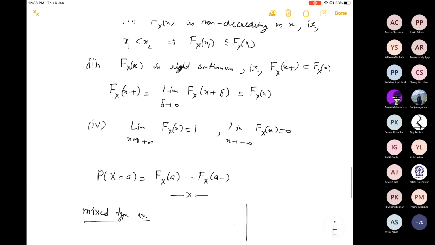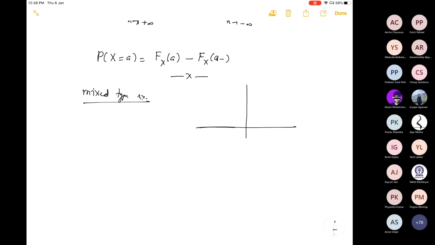But when we have a mixture of both of them, let us say this value and this value, then the corresponding CDF is, let us say, this, which is a mixture of both of them. So we can write this is a mixed type random variable.